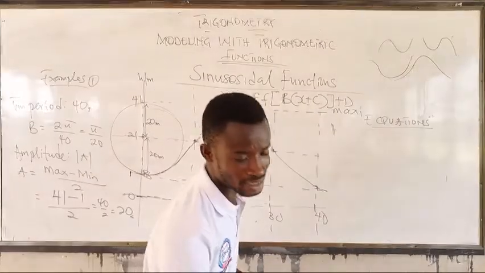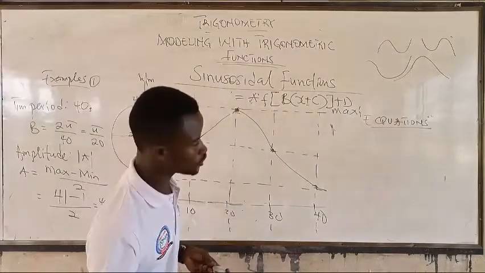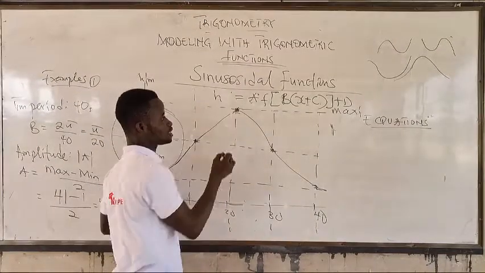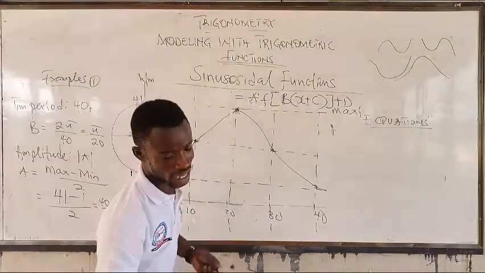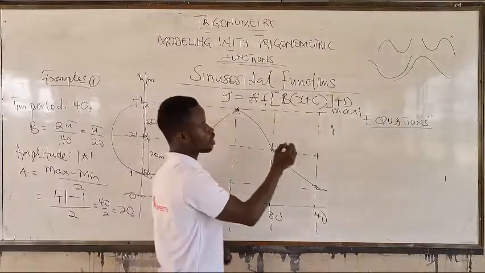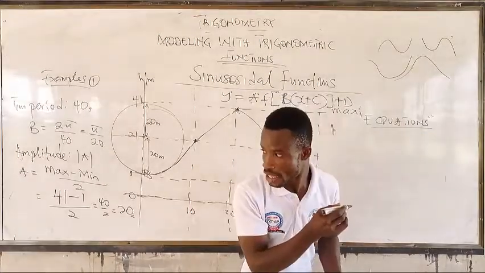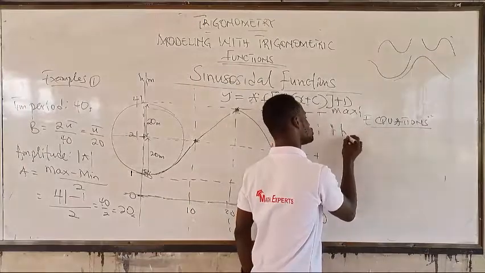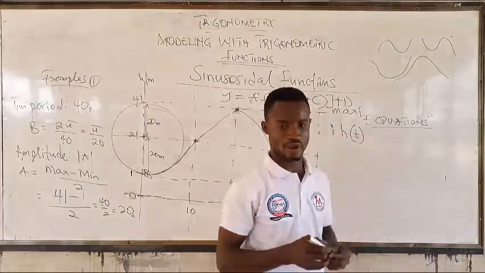Now since we want to determine the height of the person, let's use h, and it's going to be h in terms of what? Time. Very good.